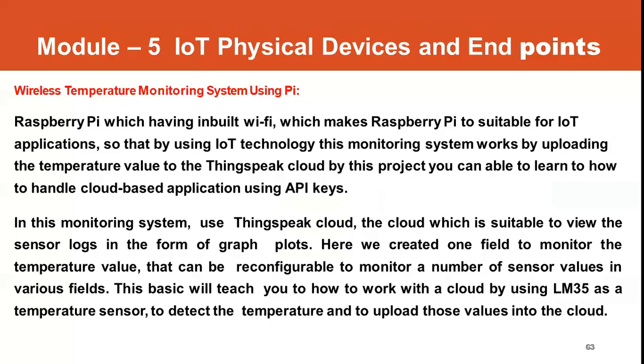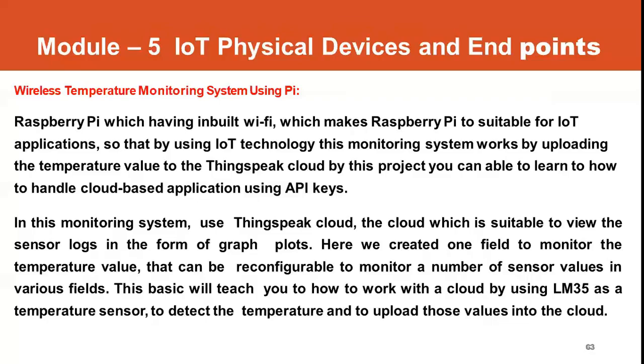The Raspberry board has an inbuilt Wi-Fi module, which makes it very suitable for developing IoT applications. Most IoT applications demand wireless communication so that they can be deployed in any region easily, and the system can monitor the entire application in a very smooth way.